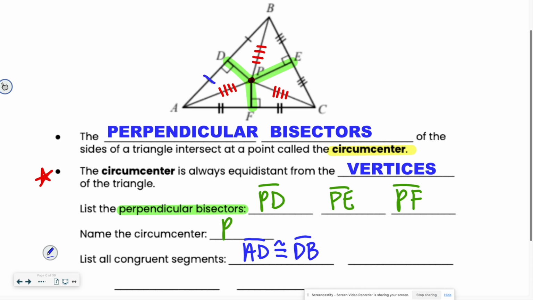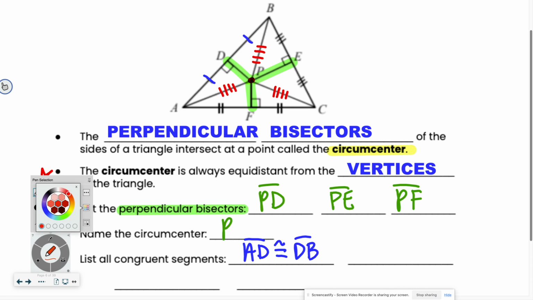So this half is congruent to that half, and we'll just work our way around. We'll go over here. Now we're going to 2 tick marks. AF is congruent to FC. Again, that's just another side of our triangle being cut in half by our perpendicular bisector.